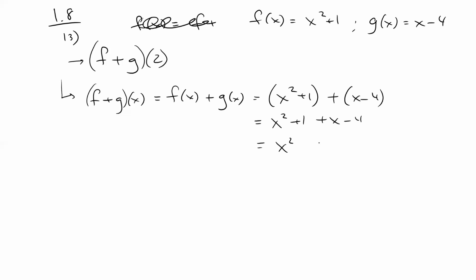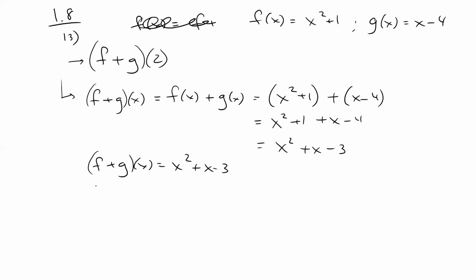So 1x squared, over here I have an x, and 1 minus 4 is a minus 3. Voila. So I have created the generic function f plus g of x. I'm going to write it down here, you don't have to write it, so that I at least show you guys what it looks like. So there's my generic function right there.